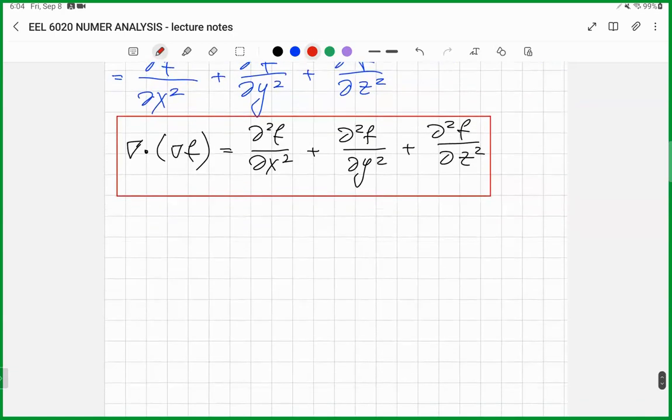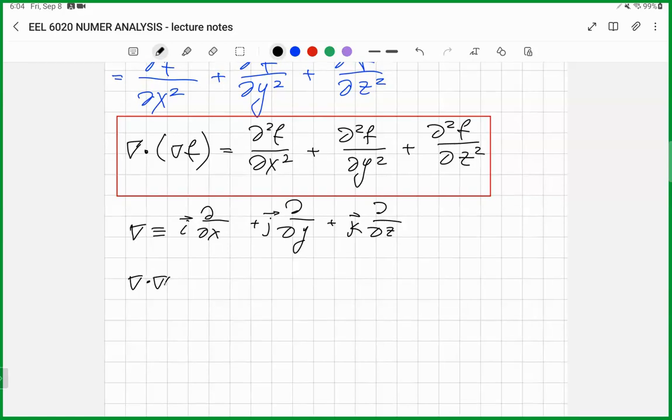On the other hand, as we know, nabla is given by i d over dx plus j d over dy plus k d over dz. What if we consider the scalar product of two nablas, nabla squared?